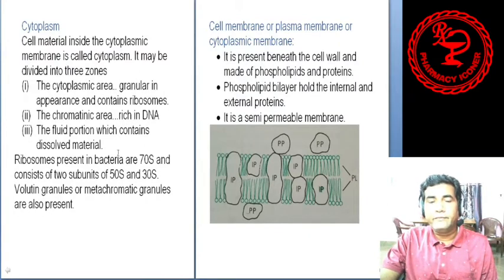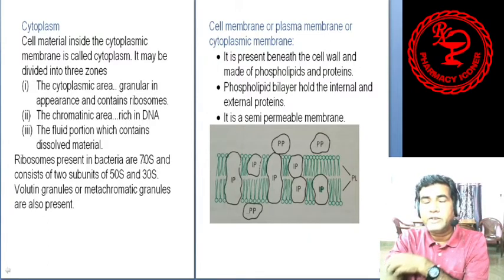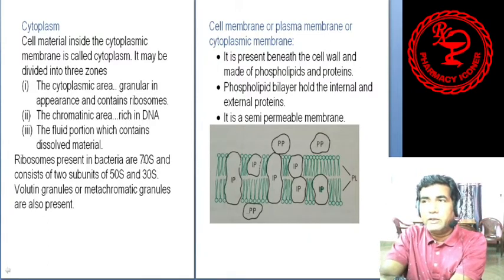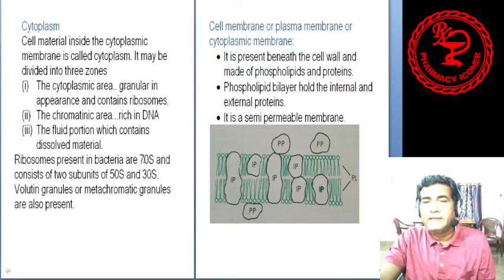Other than ribosomes, there are other granules called metachromatic granules or volutin granules. So this is the cytoplasm. What is its function? It holds all the material, all the reactions take place in the cytoplasm, and it acts as a matrix of the entire cell.